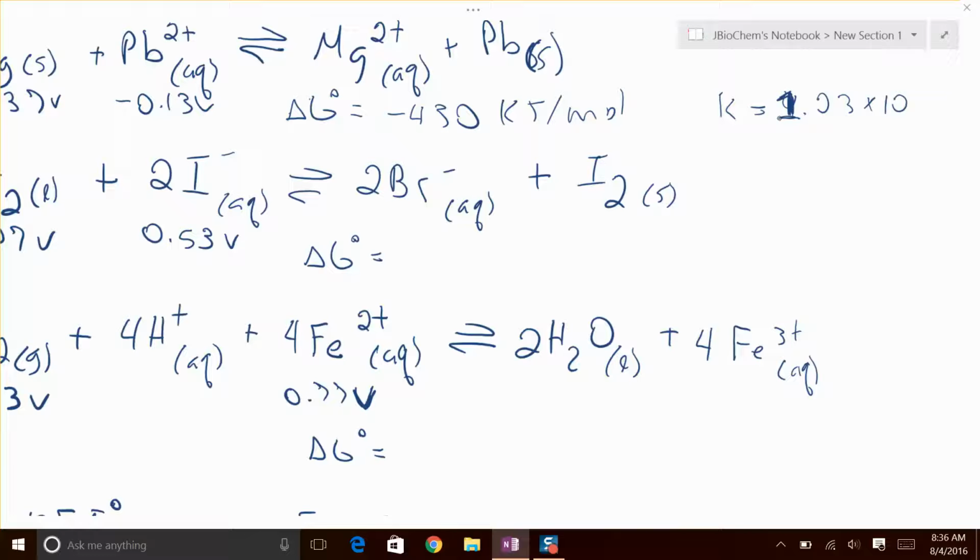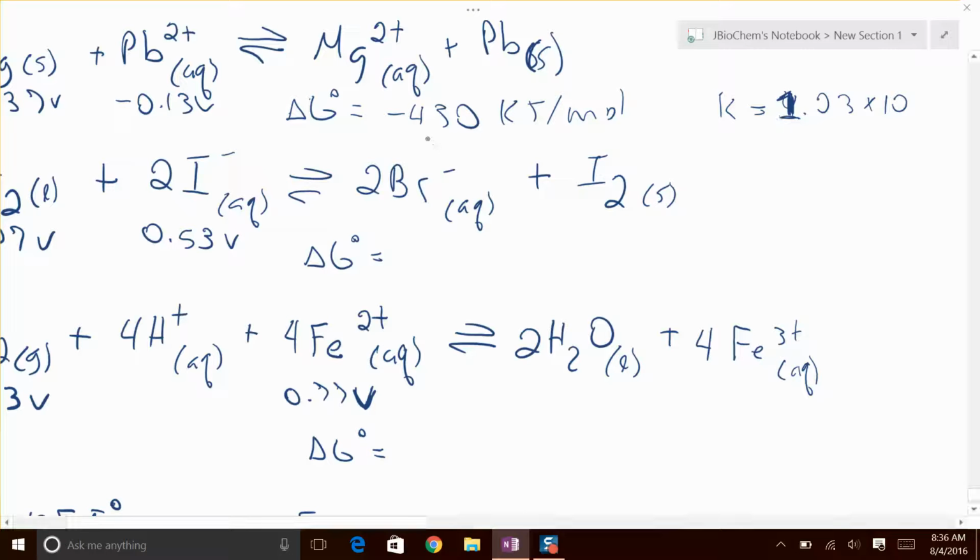I got 4.46 times 10 to the... 2.25 equals 0.0592 over 2 log K. I used the other one, 0.0257, with the natural log. So you got 75.25. I got 75.676 equals log of K. 0.0592 divided by 2 is 76.01.